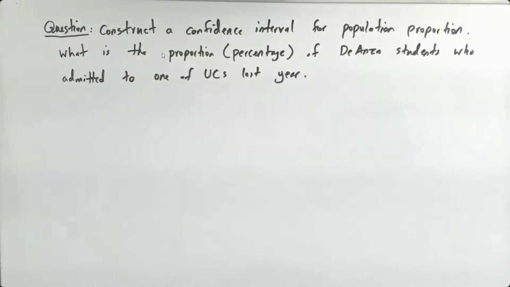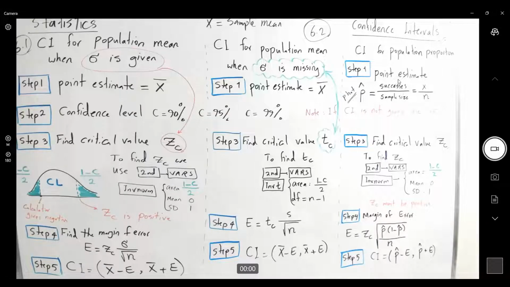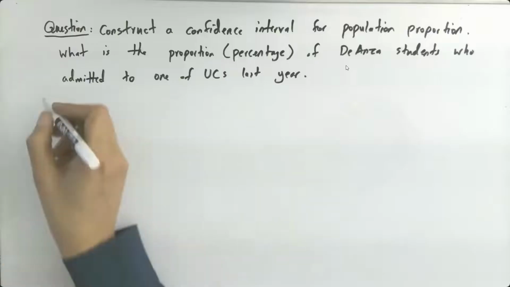This is our main board. Remember that we are building the confidence interval for population proportion, everybody. The last column, 6.3. The very first step is finding the point estimate, p hat. Okay, step one.